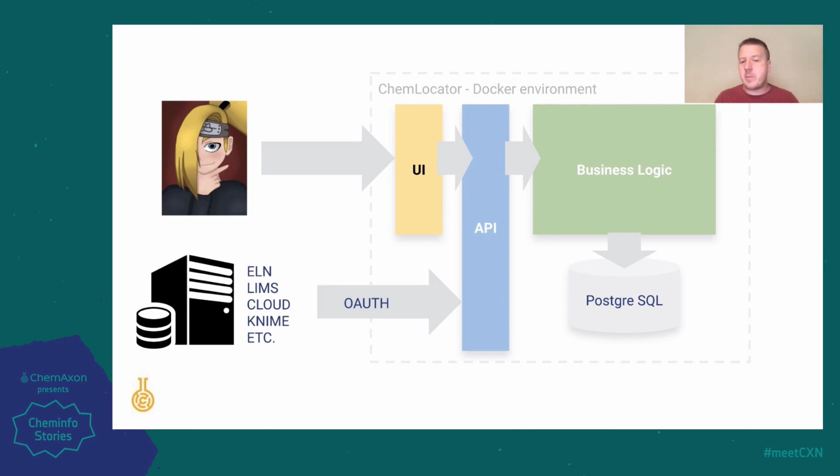So these are the possibilities, and of course in ELN systems usually the second applies, so they directly connect to the API and get the data from there. So you can integrate ChemLocator into an ELN system in a way that the clients don't even know ChemLocator is running under the hood. They will only benefit from the features that ChemLocator provides them.